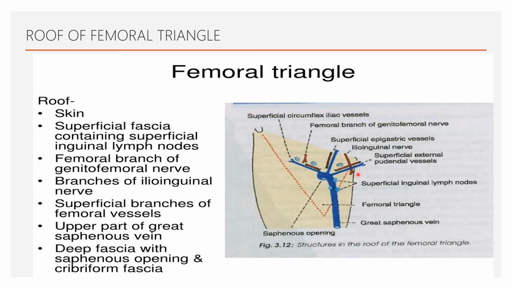You can see this diagram of roof where all the structures are present. You can see this is a terminal part of great saphenous vein with its tributaries. These are superficial inguinal lymph nodes.